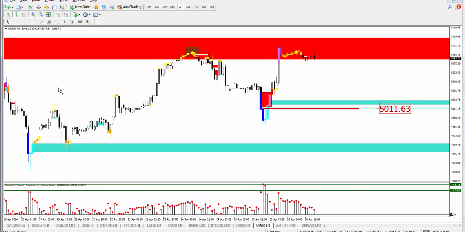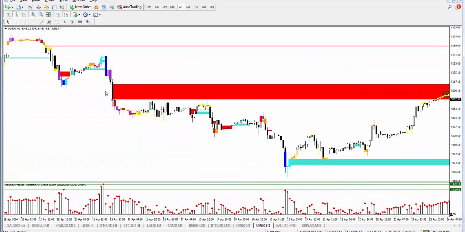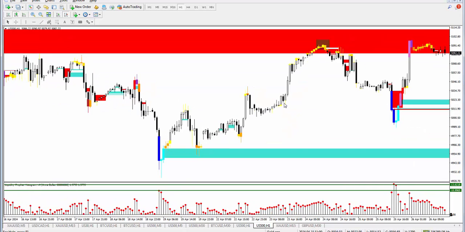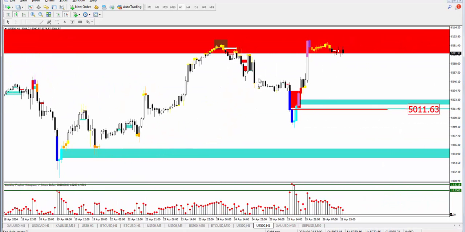And you can see how important liquidity voids are. This is a liquidity void generated here, and that's acted as resistance to this market on the way up, and hence this is why I think we're stalling here.